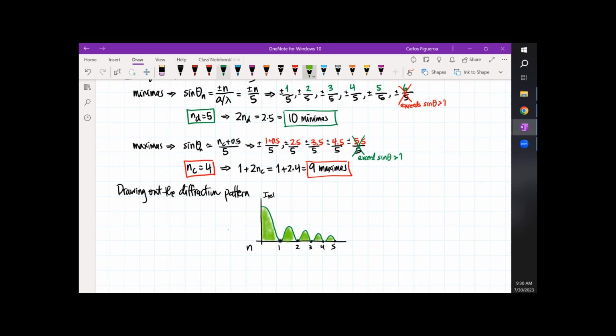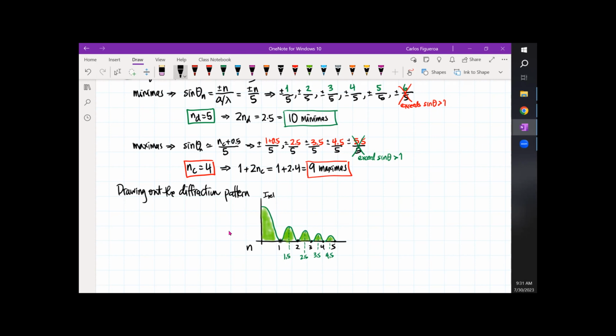And then you can see that these peaks occur at roughly 1.5, 2.5, 3.5, and you can see that this will then be 4.5. So there you go.